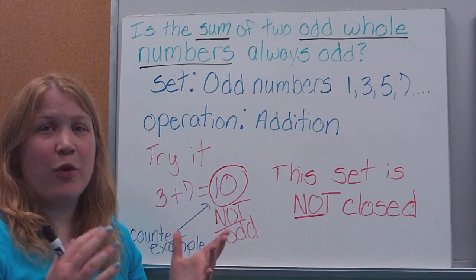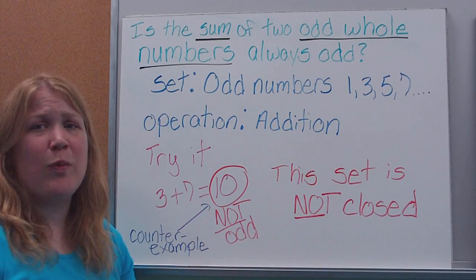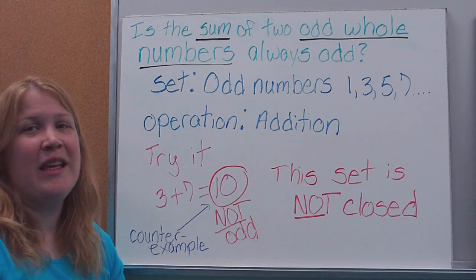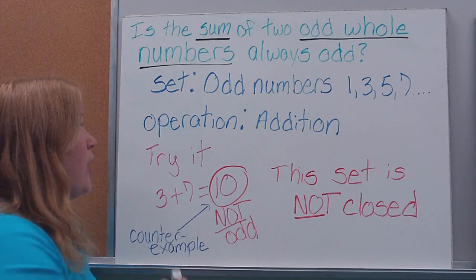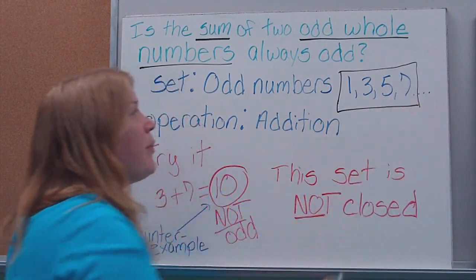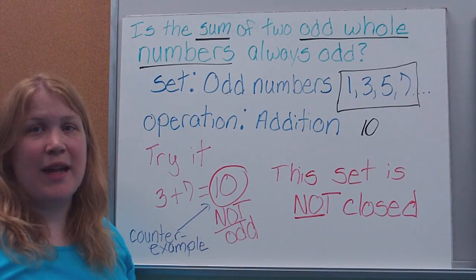Well, what that means is I'm going to try it. So I've picked 2 numbers. I randomly picked 3 and 7. You can pick whichever ones you like. When I add 3 and 7, you'll see that I get 10. Is 10 an odd number? No. 10 is an even number, which means within my little box here of odd numbers, 10 would be outside of this box. Why? Because it's not odd. It's even.